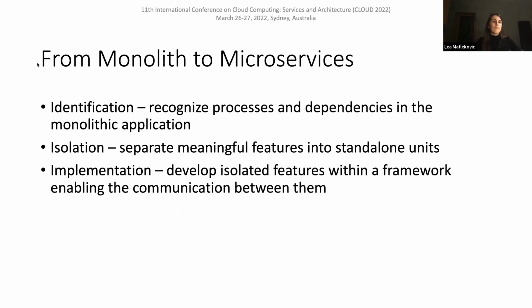Here we describe the process of migration from monolith to microservices in 3 steps. First was identification. We first had to recognize all the processes in our monolithic application and all the dependencies these processes have, and then separate them into independent standalone units, which is the second part, isolation.